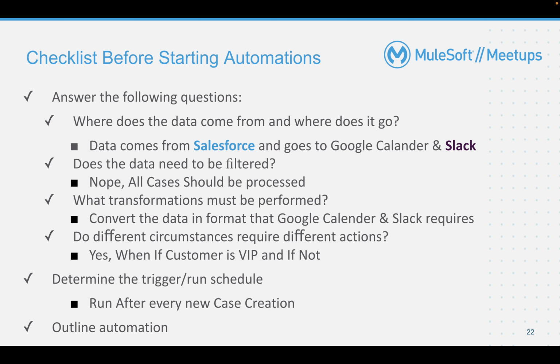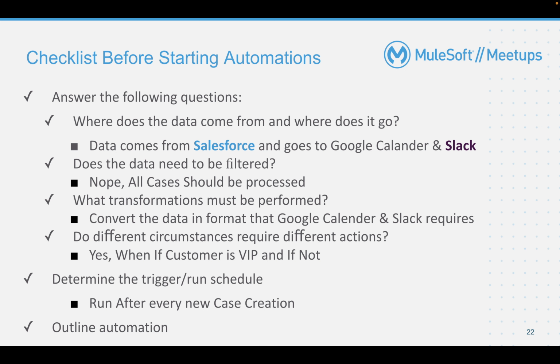Third thing, what transformations must be performed? Every external system only requires certain input data, right? They won't let you enter data in a different format. For that reason, I need to convert the data into the format that Google Calendar and Slack require and accept.